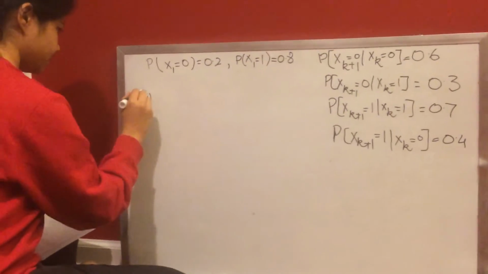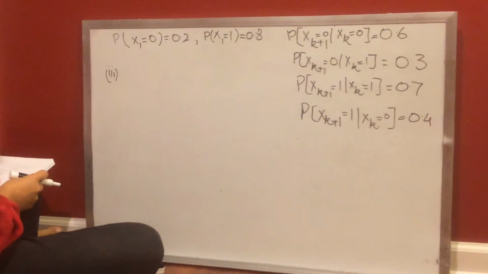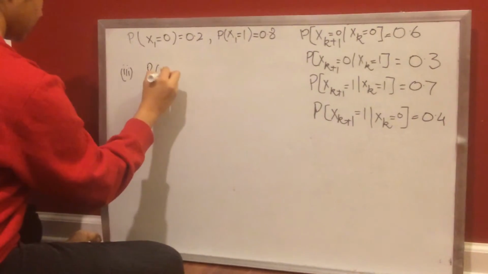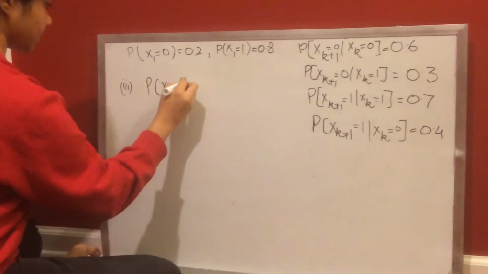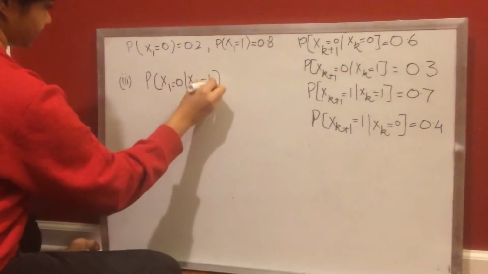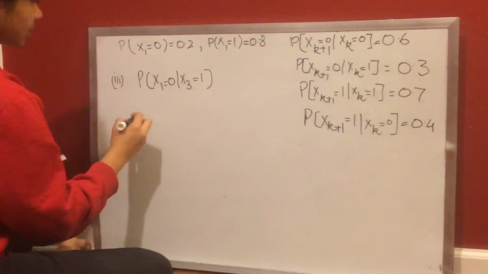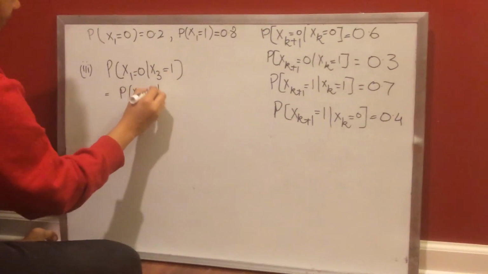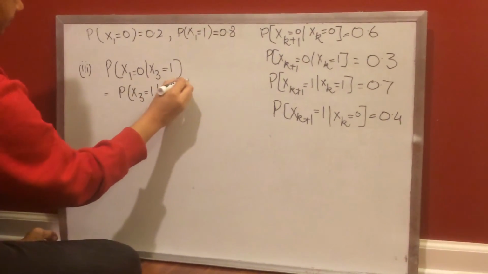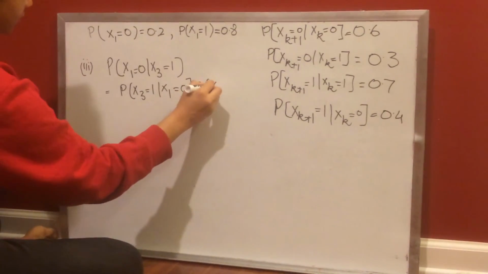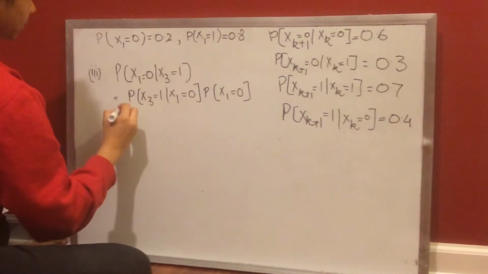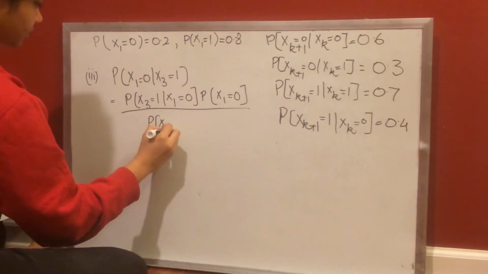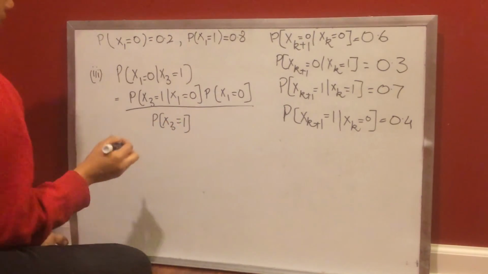Now in the third part, we need to find the probability that x1 equals 0, given that x3 equals 1. In order to find this probability, I will use the formula: probability of x3 equals 1 given that x1 equals 0, multiplied by probability of x1 equals 0, whole divided by probability of x3 equals 1.